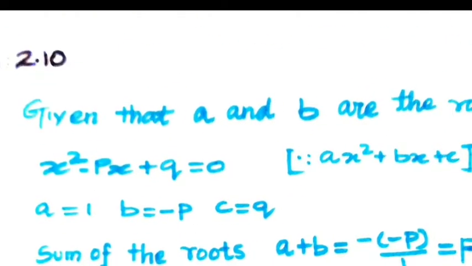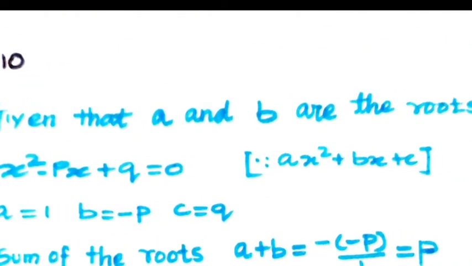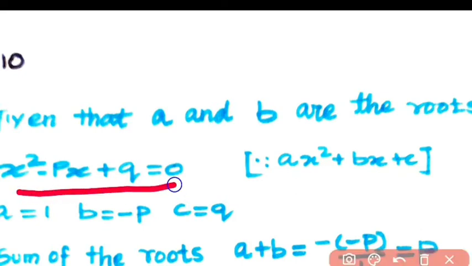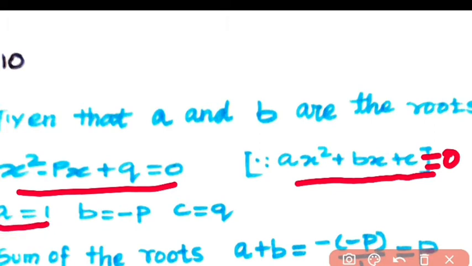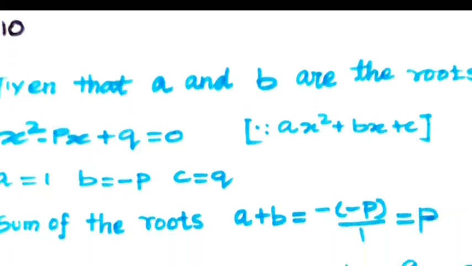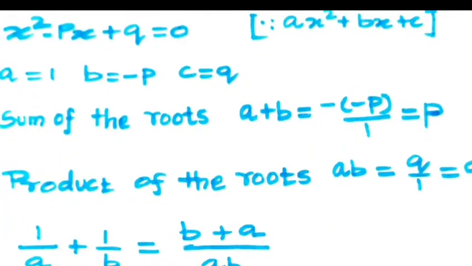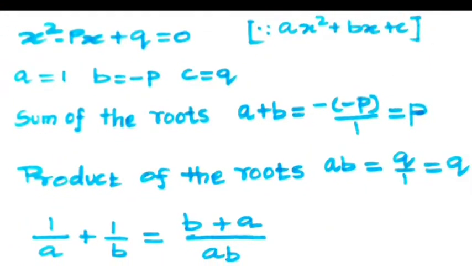Okay, let's see again. Given that a and b are the roots of the equation x square minus px plus q equal to 0. This is in the form of ax square plus bx plus c equal to 0. Compare these two equations: the a value is 1, the b value is minus p, the c value is q. First we are going to find the sum of the roots and then the product of the roots.